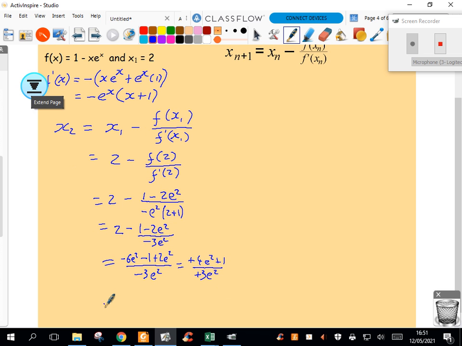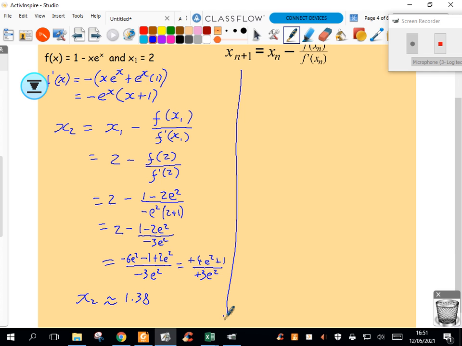That's approximately equal to 1.38, if my calculations are correct. So that's my first iteration. My first guess is 2. Through one iteration, I've got a better approximation at 1.38. So I think there's a root in and around 1.38 for this function.